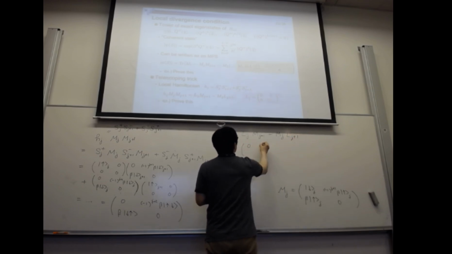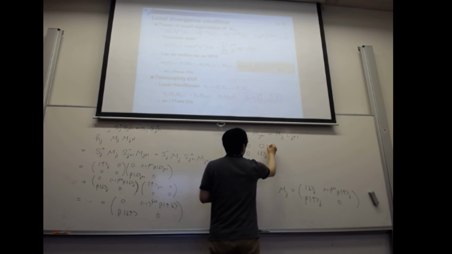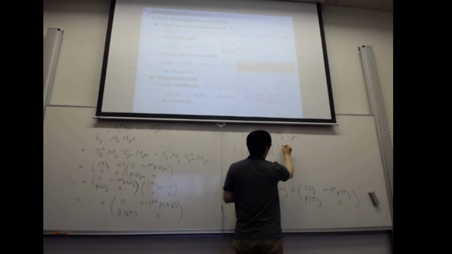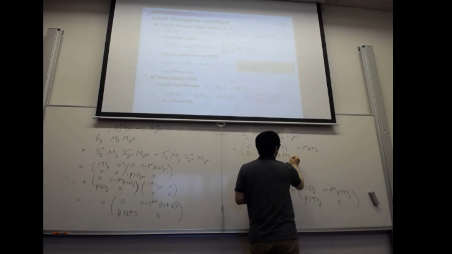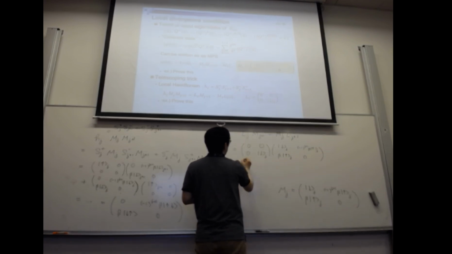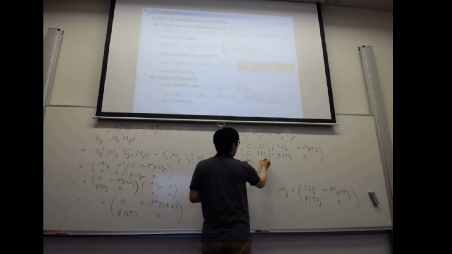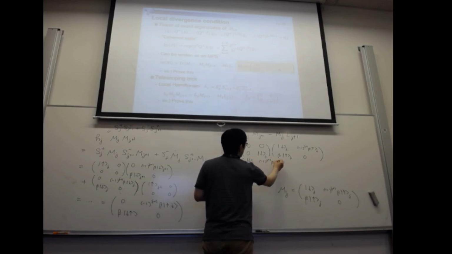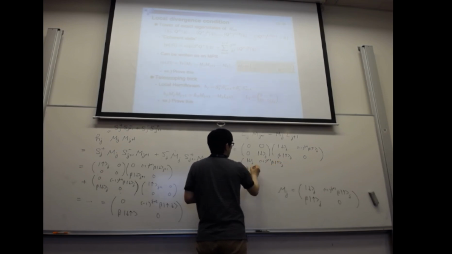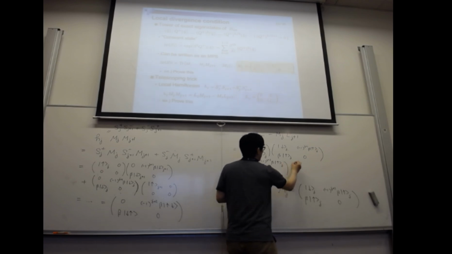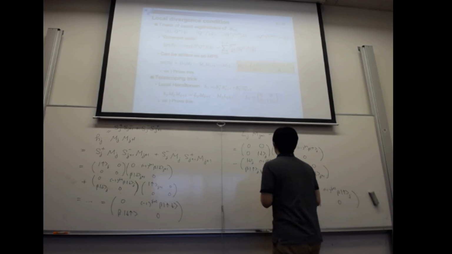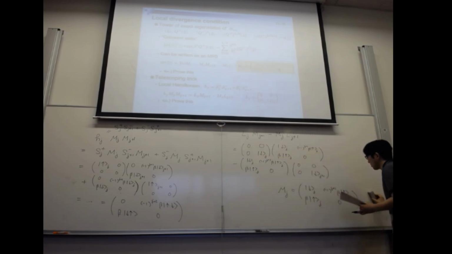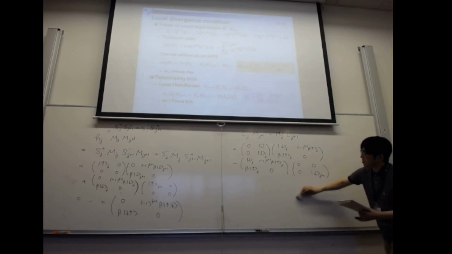Here J is 1, right? And this is minus. Yeah, this is the right-hand side of the derivation, and actually most of the terms are just 0.